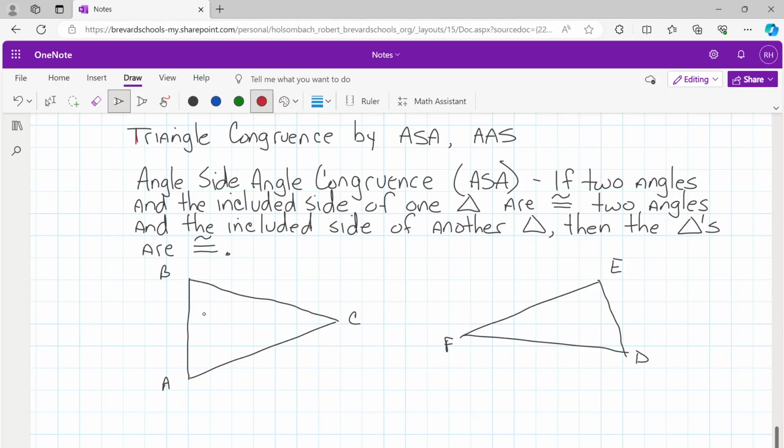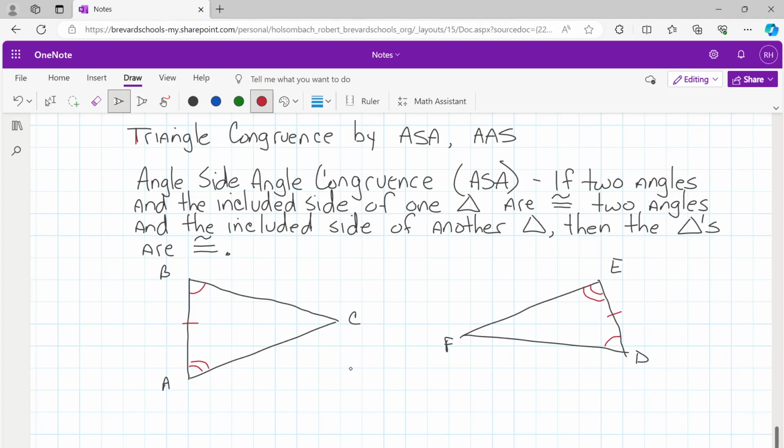So watch this. If I start at angle B and I go angle side angle, all right, angle, included side, and an angle, congruent to angle, included side, and an angle. The congruent side has to be touching the two congruent angles.